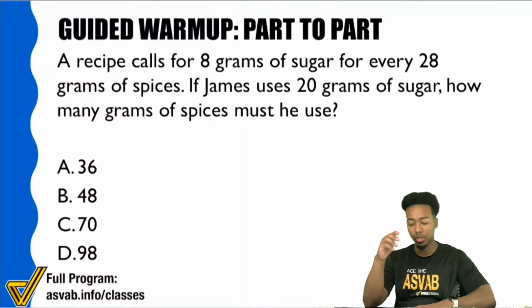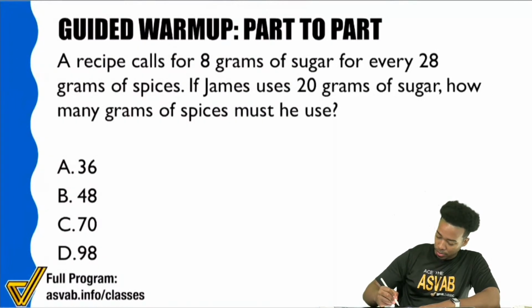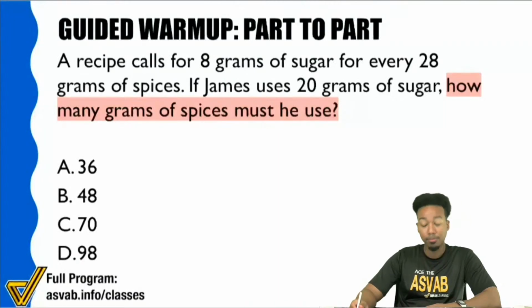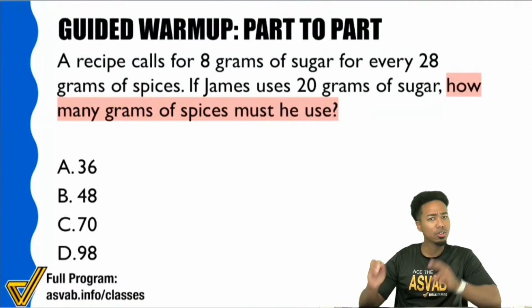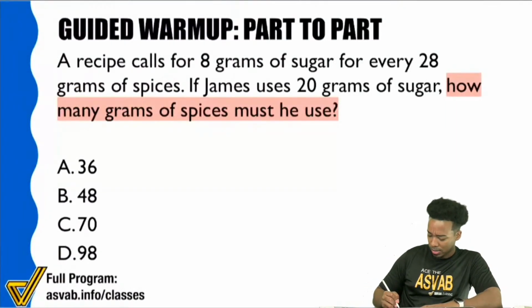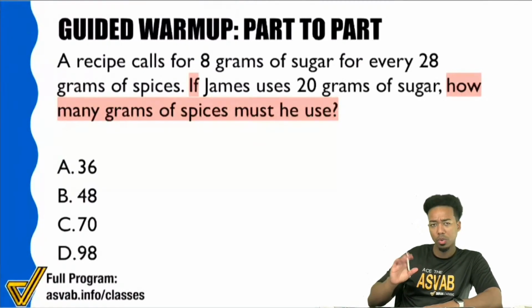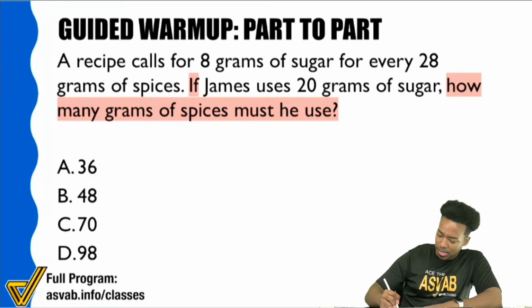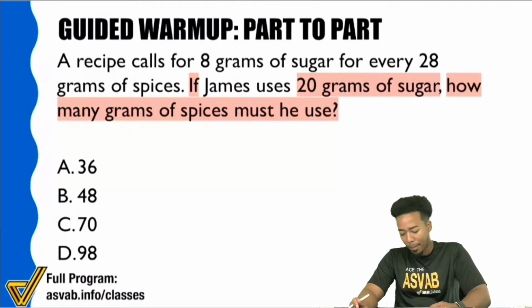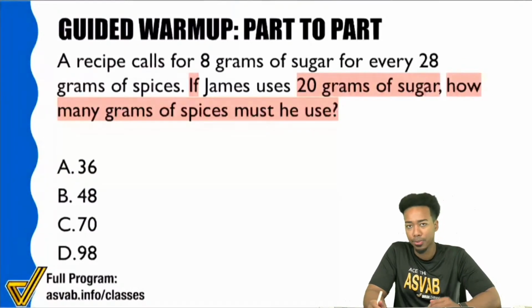Let me go ahead and show you what's going on here. Straight to the question. It says, how many grams of spices must he use? And there's the word if at the beginning of the sentence, which is going to be important information. So let's just make sure we know what we're looking for, everybody. It says, if James uses 20 grams of sugar, how many grams of spices must he use?